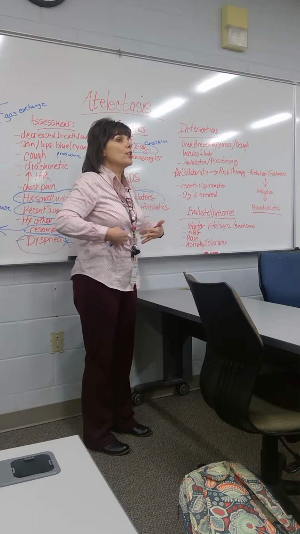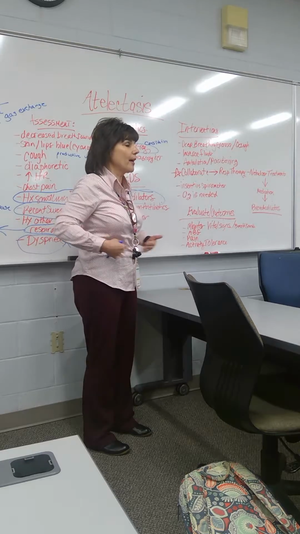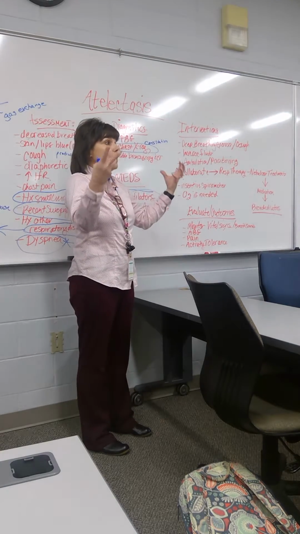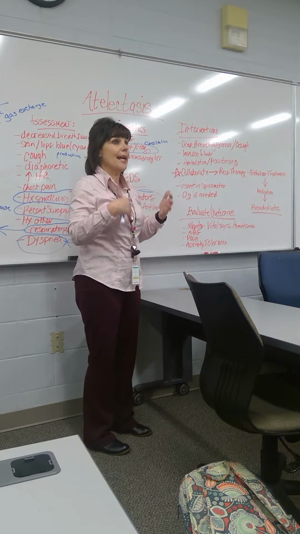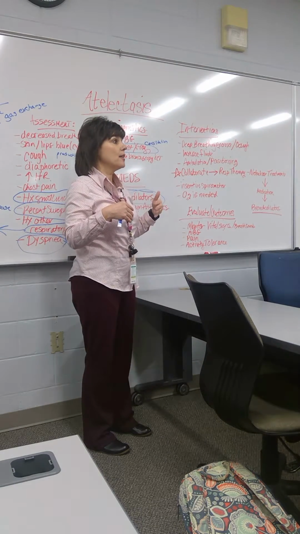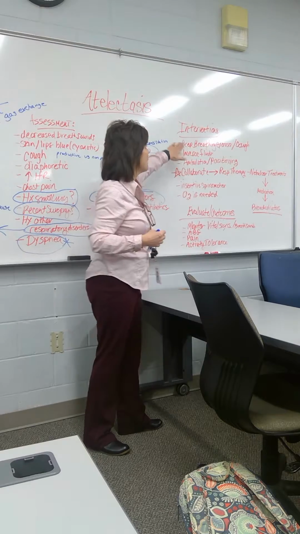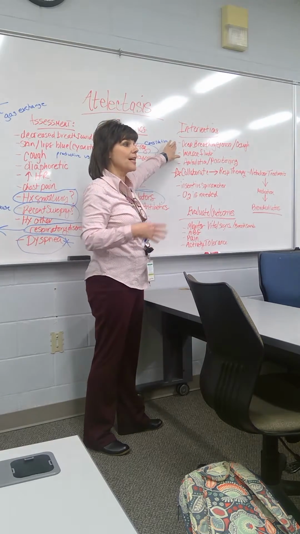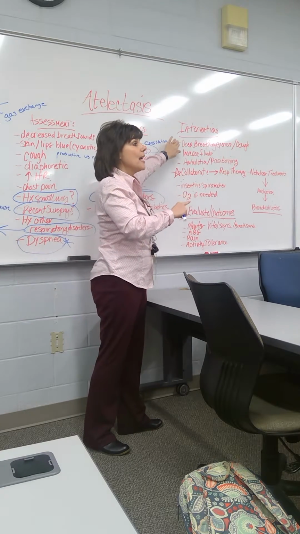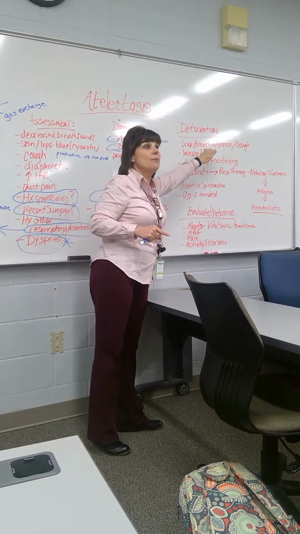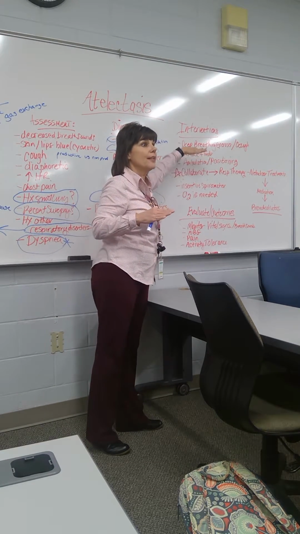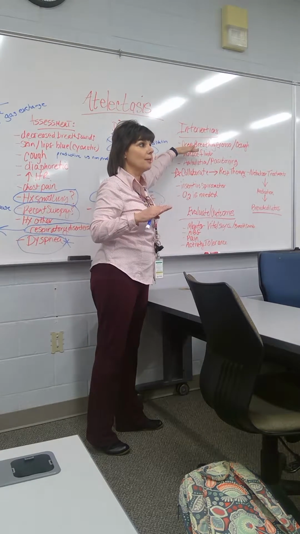Retraining them to breathe from the diaphragm will help to open up those alveoli and help to get that airflow back in. So we want to teach them deep breathing exercises and coughing. If they're having atelectasis from mucus production and mucus that is in there, then they need to be coughing and they need to be deep breathing.